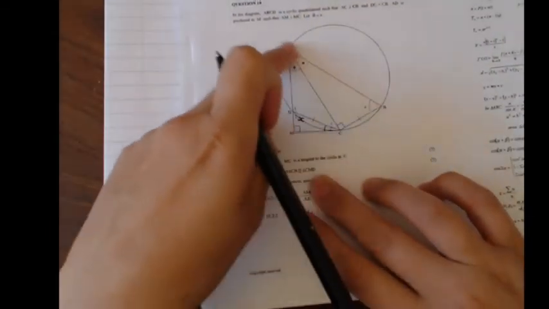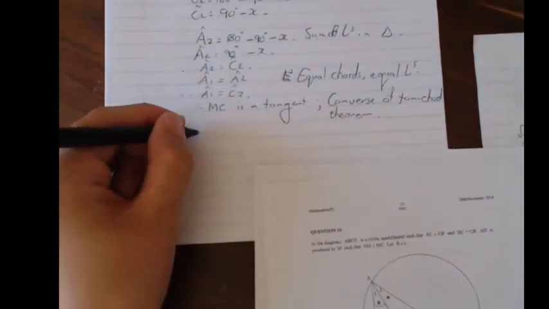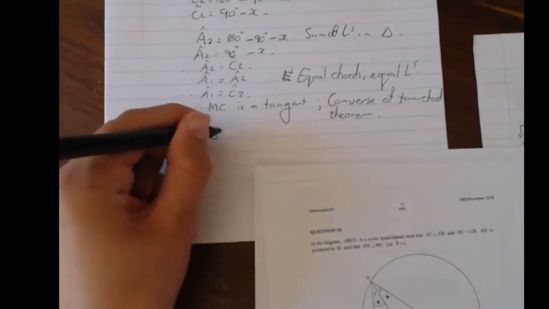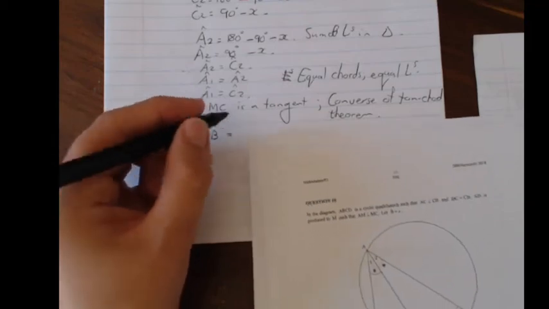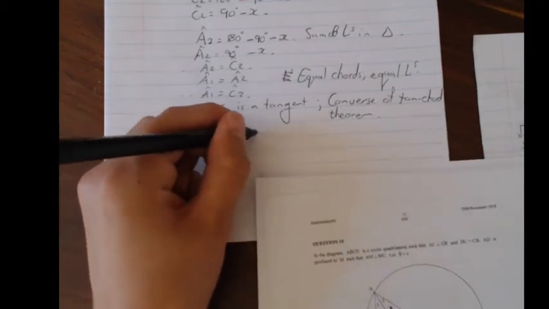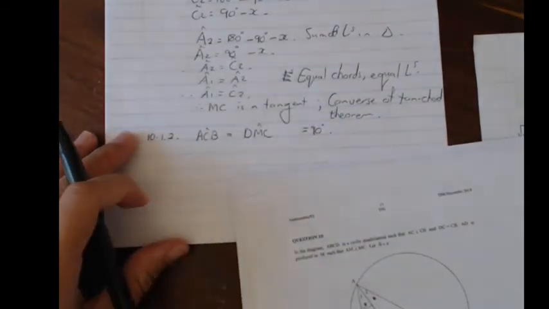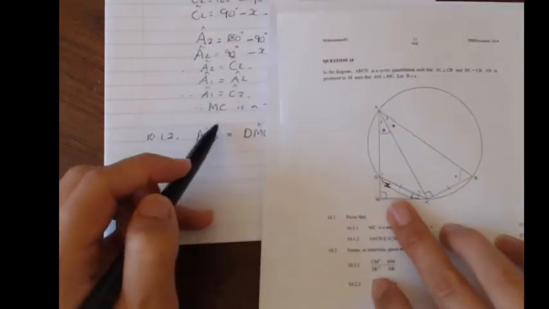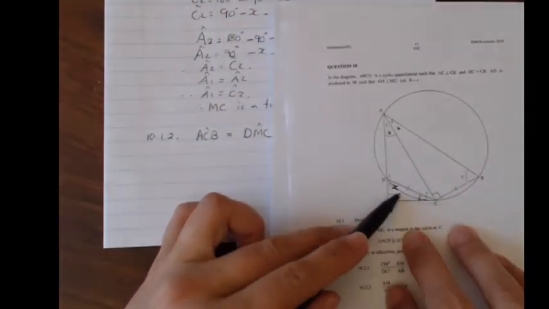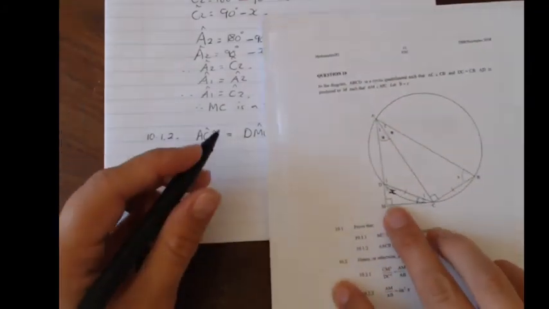I can just say in triangle ACB, angle ACB is equal to angle DMC. They were both 90 given to me, right? So ACB, that one there, is equal to DMC, that one there. They are both equal to 90 given to me. I don't even need to state a reason.